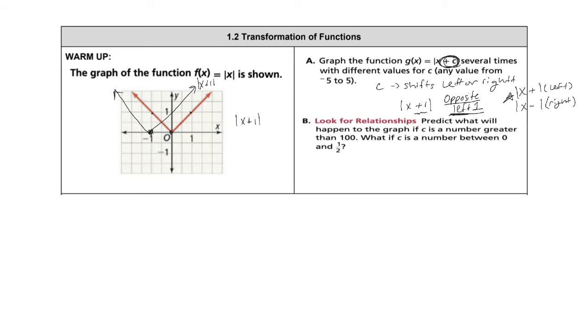Predict what will happen if C is greater than 100. If it's greater than 100, it's going to go way to the left. And then what if C is in between 0 and 1/2?